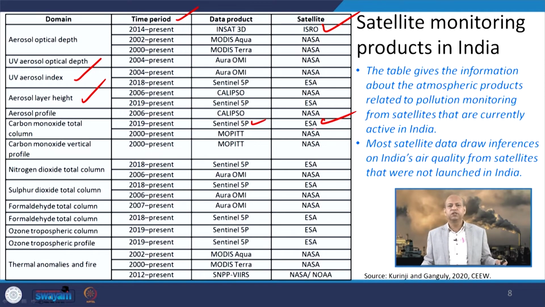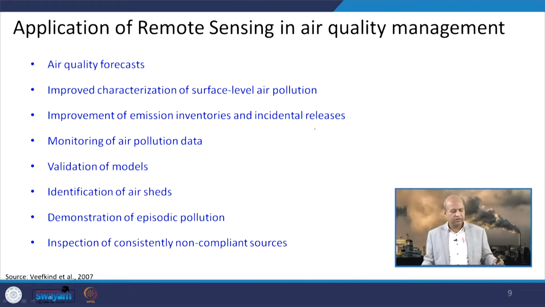This table gives information about these atmospheric products related to pollution monitoring in the Indian context. Most of this satellite data draws inferences on India's air quality from satellites not launched in India, like those from USA and the European Space Agency, but we have collaborations and we can get those data.